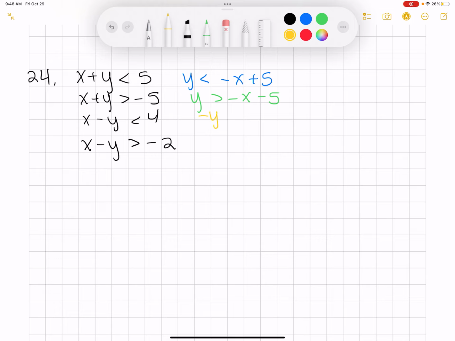Alright, negative y is less than negative x plus 4, which is y is, I'm going to let y'all tell me, greater than x minus 4. And then negative y is greater than negative x minus 2. So then y is less than x plus 2.